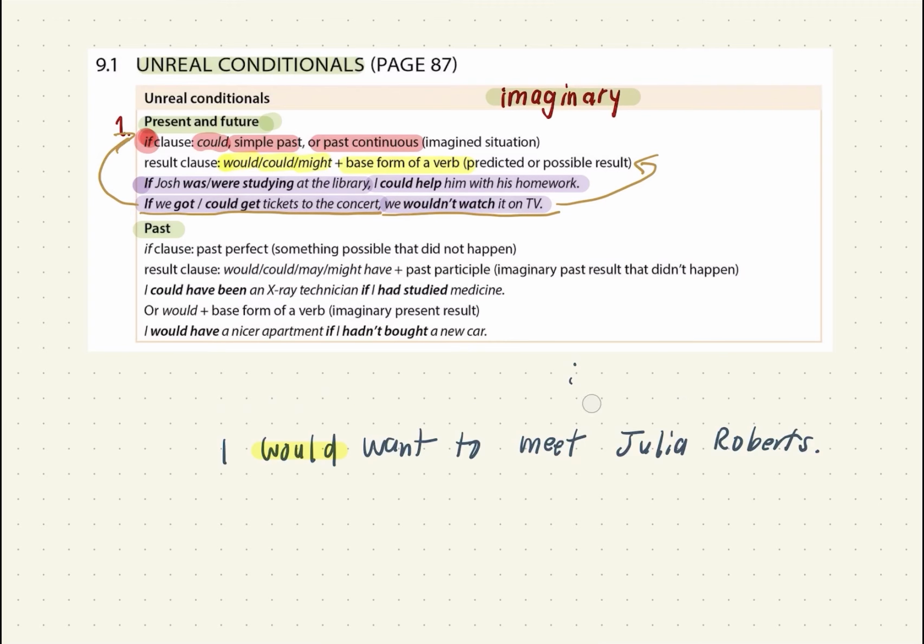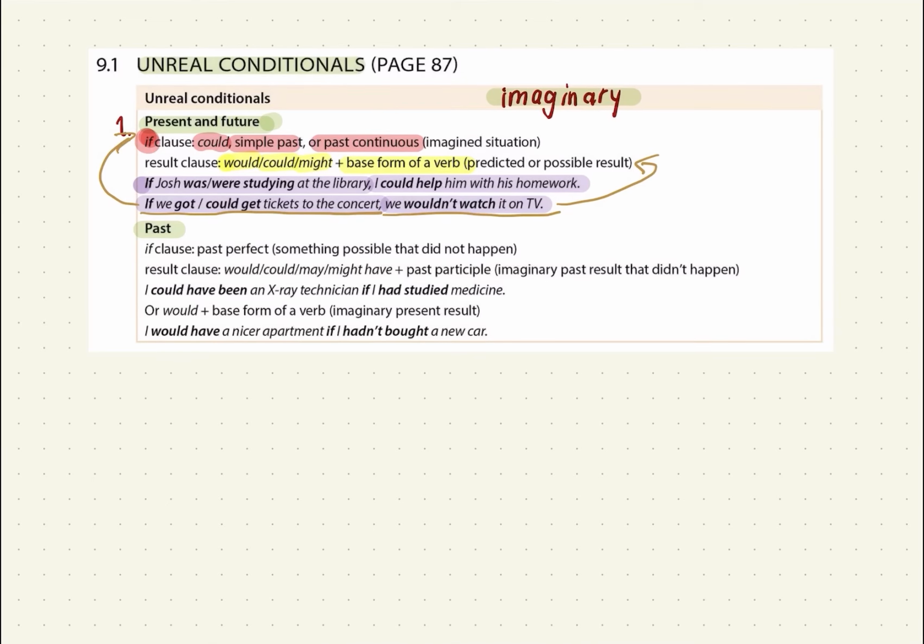Now, let's take a look at the past conditional. I could have been an X-ray technician if I had studied medicine. Notice here, if I had studied, this is past perfect.